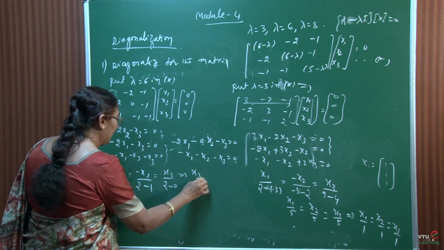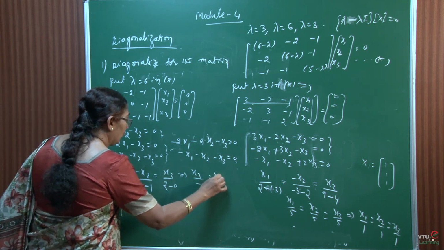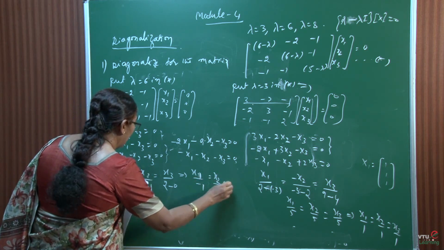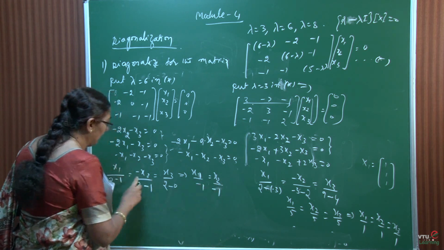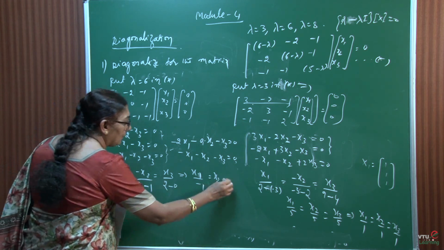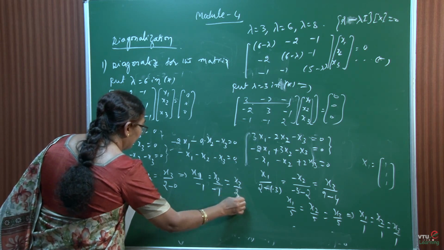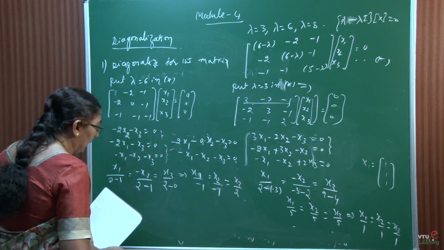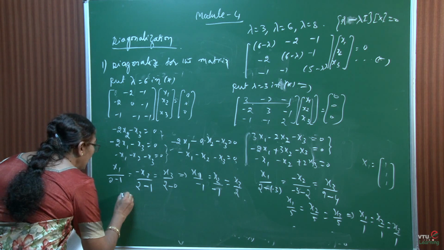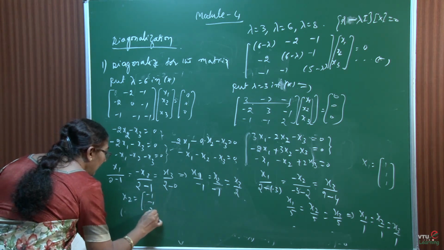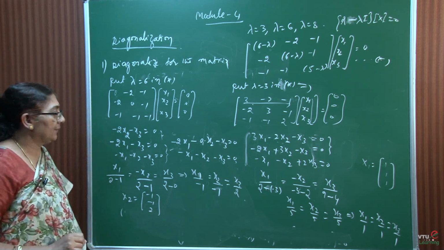We get x1 by minus 1, x2 by 1, x3 by 2. Therefore, the corresponding eigenvector is minus 1, 1, 2.